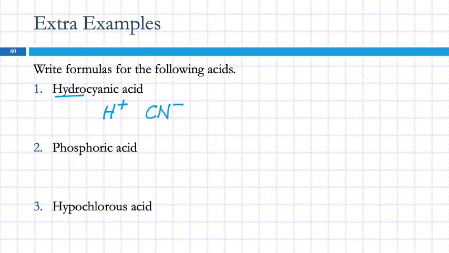It's CN, it's cyanide. This is the one that ticks me off because that's not a binary acid. It's got 3, but it's not an oxyacid. So it's cyanide. So HCN is hydrocyanic acid.